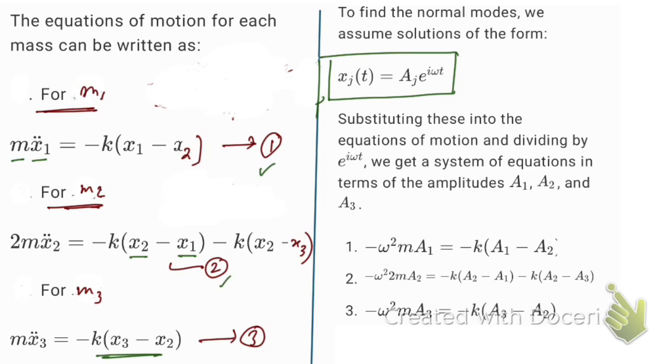For x1, the amplitude will be a1. For x2, the amplitude will be a2. Similarly for x3, it will be a3. So if you put this value in equation number 1, let me show you.